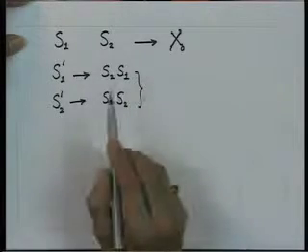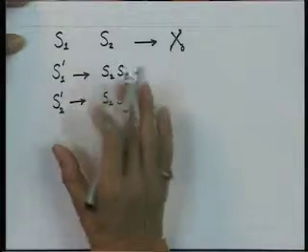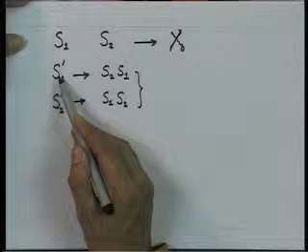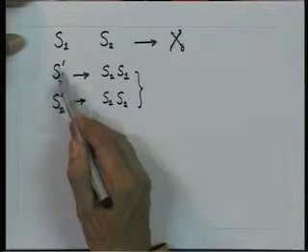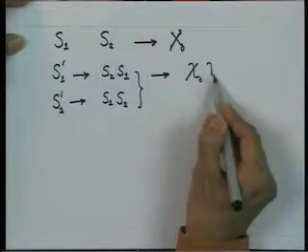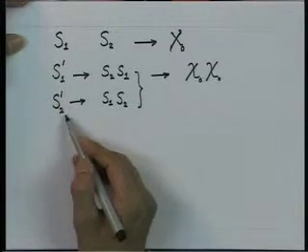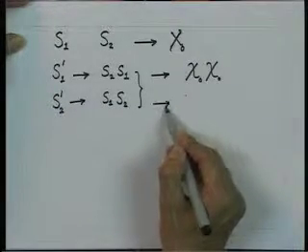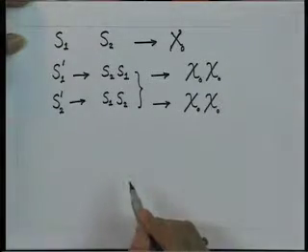Now, if you assume that the codes are block code, then the sequence of code symbols corresponding to S1 prime would be nothing but x0, x0, and the sequence of code symbols corresponding to the sequence S2 prime would be again equal to x0, x0.